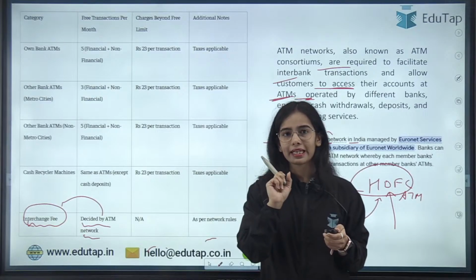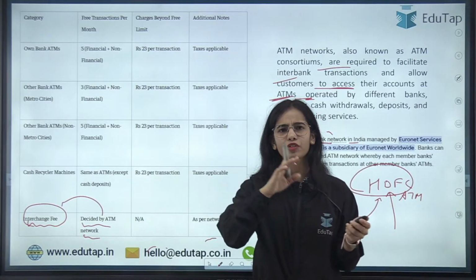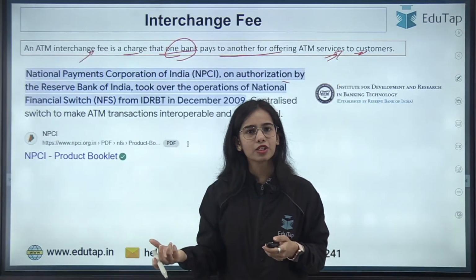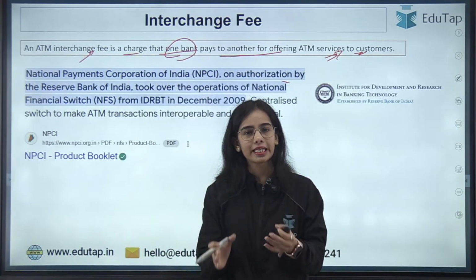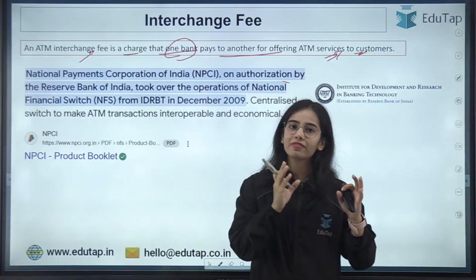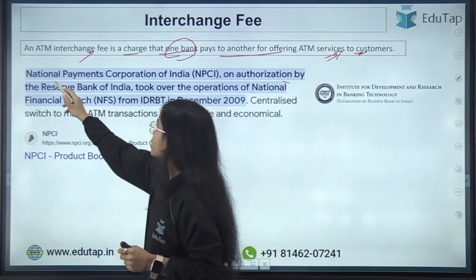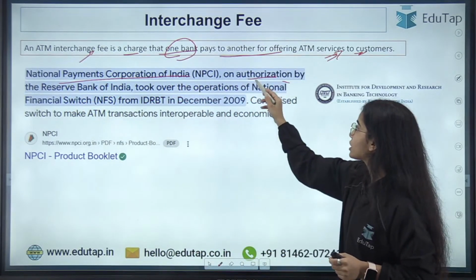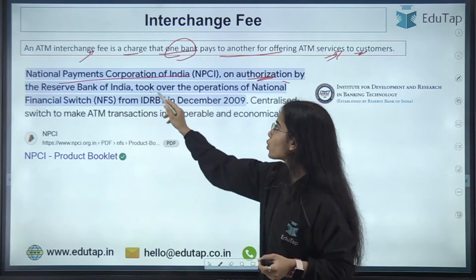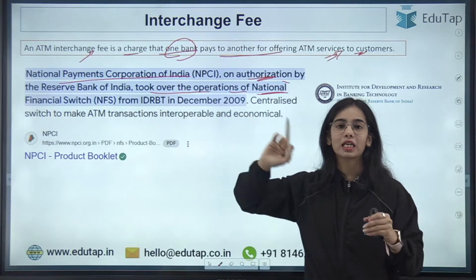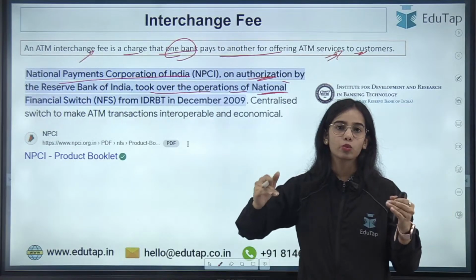Now it has been said that the interchange fee has been increased from 17 rupees to 19 rupees. So how is the NPCI deciding the interchange fee when the RBI has clearly said that the interchange fee will only be decided by the ATM networks? Actually, the National Payments Corporation of India, on authorization by RBI, took over the operations of NFS, the National Financial Switch, which is one of the largest ATM networks in our country.